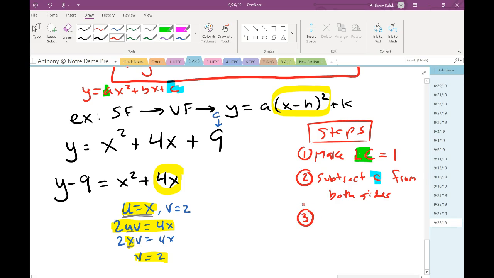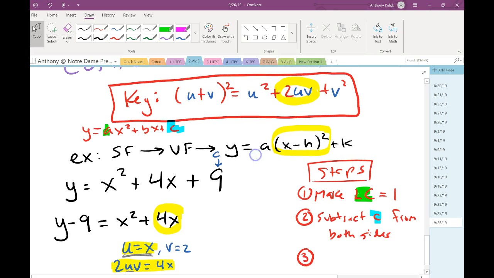So what I want to do then is I need to now add v squared to both sides. Because I know what v is, I can do that. Now the way I'm going to write that is a little bit different. I'm going to say add b over 2 squared to both sides.